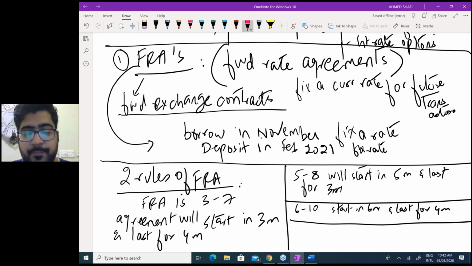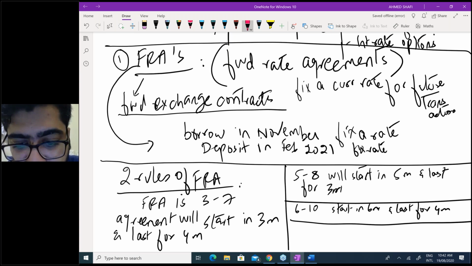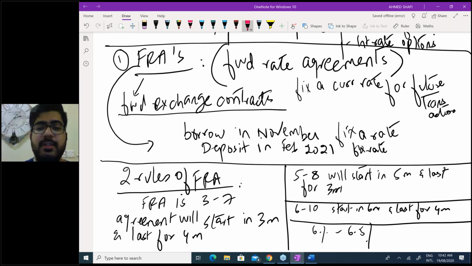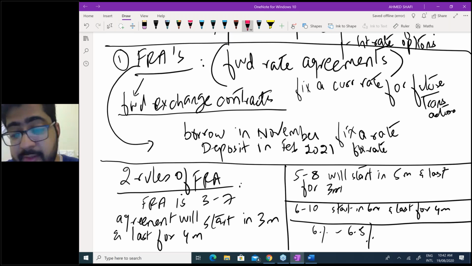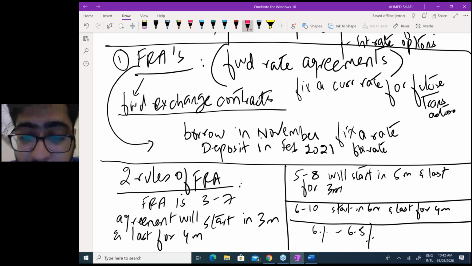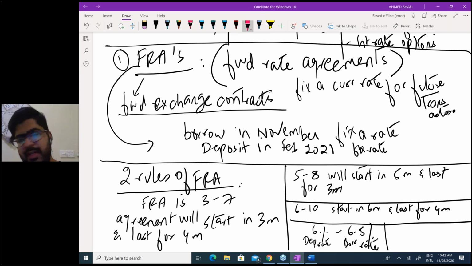Okay, and rule number 2. If 2 rates are given, 6% and 6.5%. In currencies, 2 currency rates were given and it was difficult to guess the buying and selling rate. Similarly in interest rates, when 2 rates are given, remember the lower one is always the deposit rate and the higher one is always the borrowing rate.